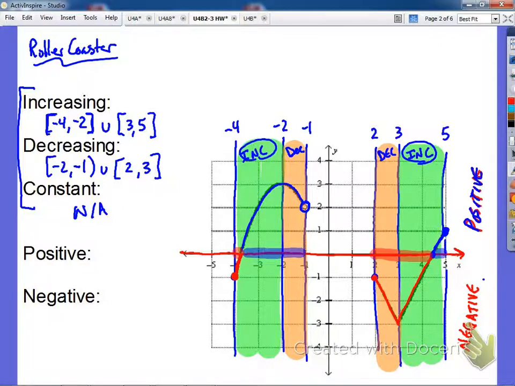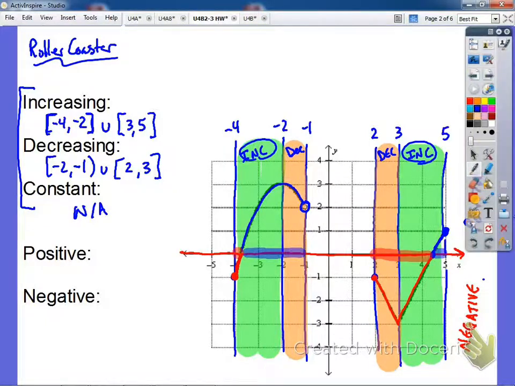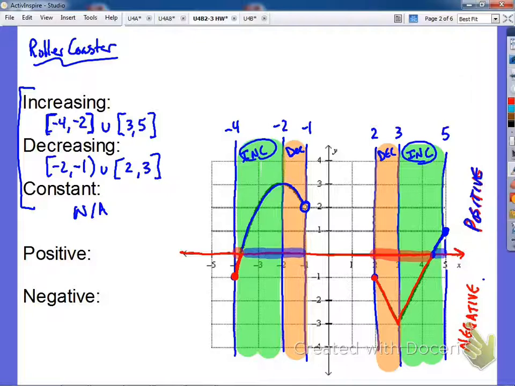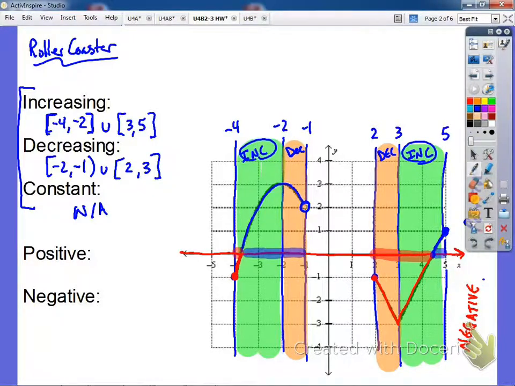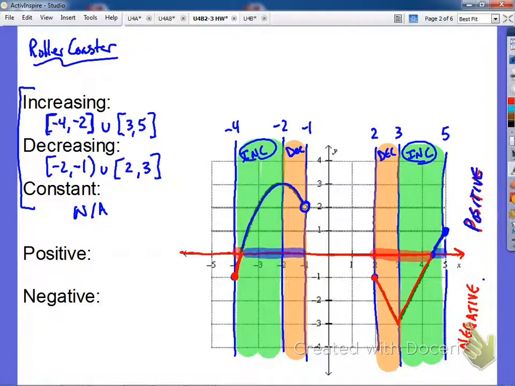Did you say -4 to -1? Well, in this case, we're actually going to use different intervals. We're going to use this interval here. From here to here, it would be -4 to, let's say, -3.8.